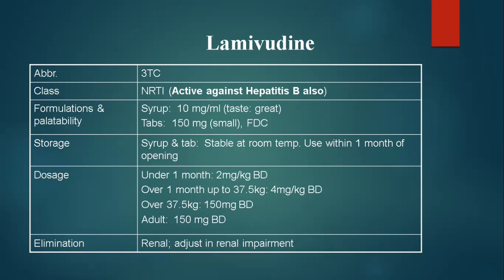And for children above 37.5 kg and for all adults, we can give 150 milligrams BD, which is twice a day. This drug should be adjusted in renal impairment, which means in people with HIV that have renal conditions, we should adjust this drug downwards.